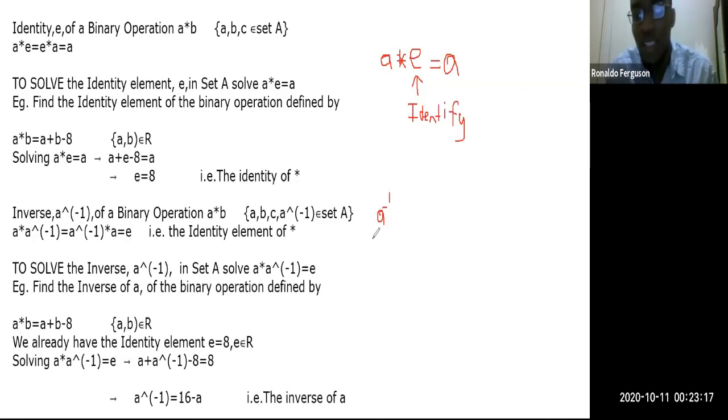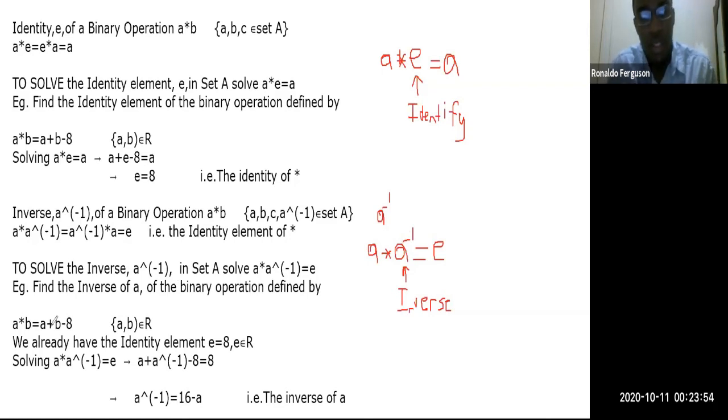And so what we basically say is that if we have some element A and it undergoes the binary operation star with some element A to the minus 1, and we get back the result, which is the identity E, then we say that A inverse is the inverse of the element A, since the result was the identity. So we solve A star A inverse equal E, and then we make A inverse the subject, and then we get the inverse.